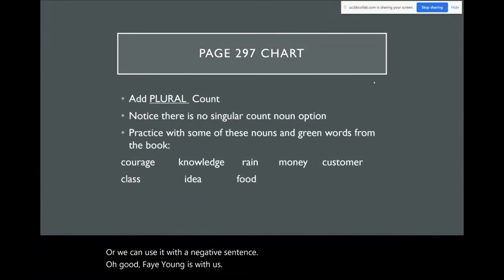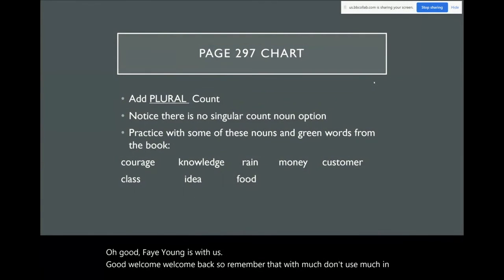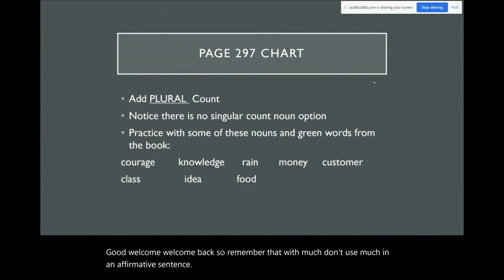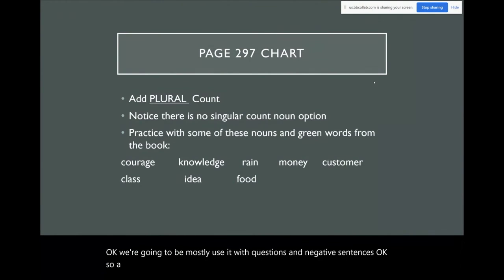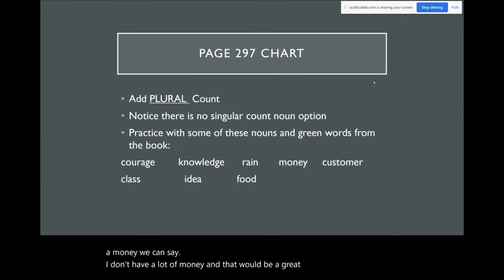Welcome back. So remember that with much, don't use much in an affirmative sentence. We're going to mostly use it with questions and negative sentences. Okay, so Amani, we can say, I don't have a lot. Great sentence. Okay, Walter, you said you had a sentence.